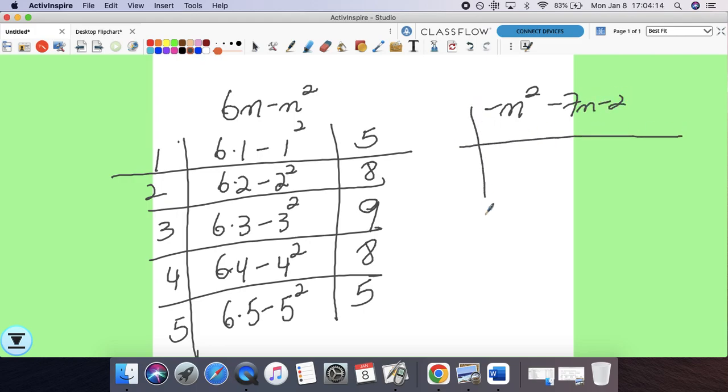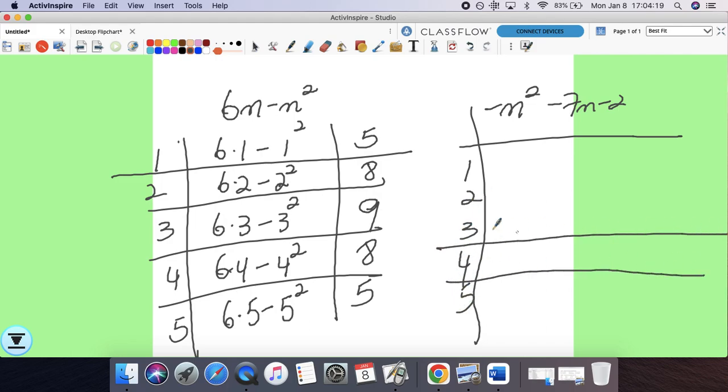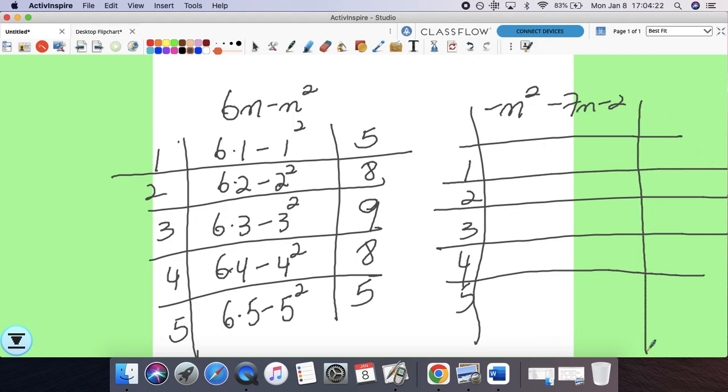So again, let's create a table here. 1, 2, 3, 4, 5, and we want the first 5 terms. So we're going to get 1 to the second power minus 7 times 1 minus 2. So let's see, we get negative 8, and this is going to give me negative 12. 2 to the second power minus 7 times 2 minus 2.